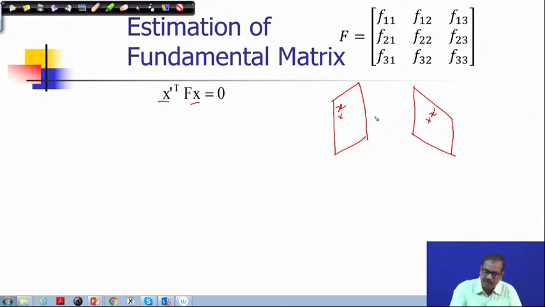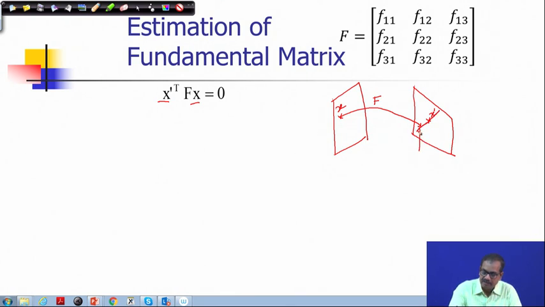Now, the property of a fundamental matrix is that it transforms a point into the epipolar line. If I apply F x, it will give me the line where x prime will occur.